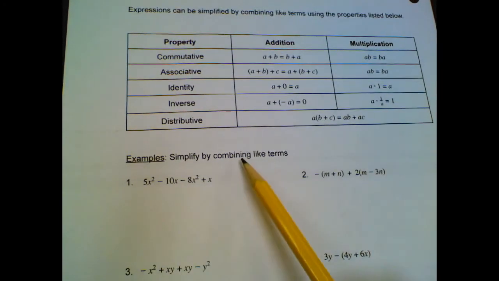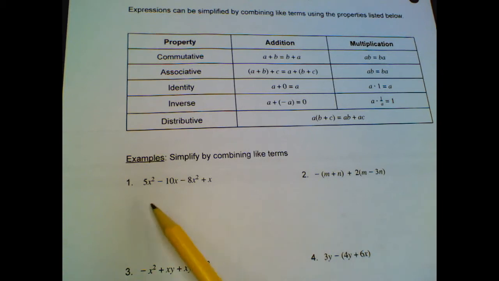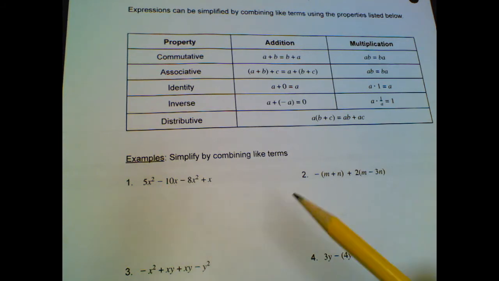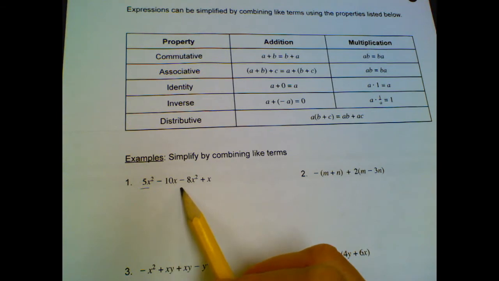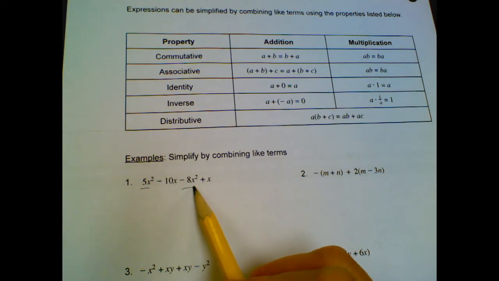The idea of combining like terms means that when you look at the variables in particular, if they have the same variable and exponent, they are like, and you can combine them. So in this case, I have two terms that have x squared components. I have 5x squared and negative 8x squared.